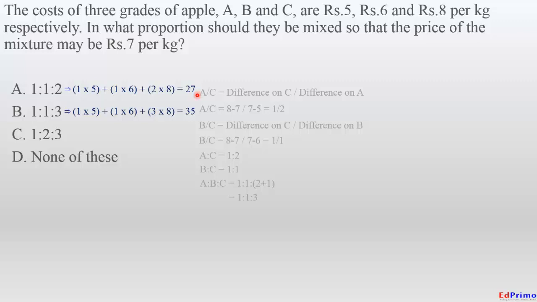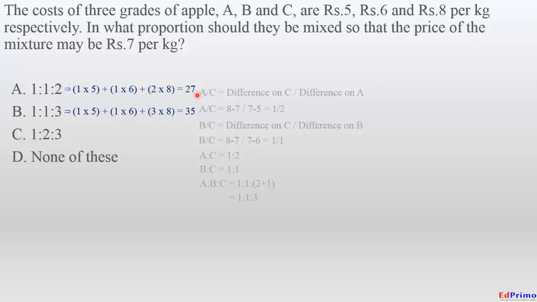Now how do we verify that? We know that we have 5 kgs of mixture, because we assume there is 1 kg of A, 1 kg of B and 3 kgs of C. So put together there is 5.